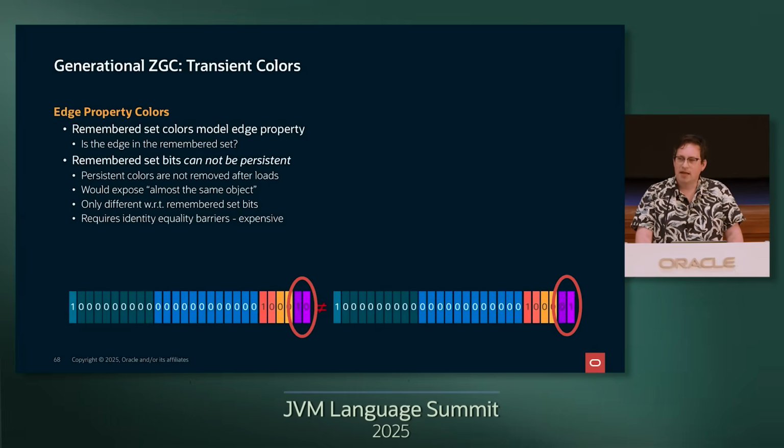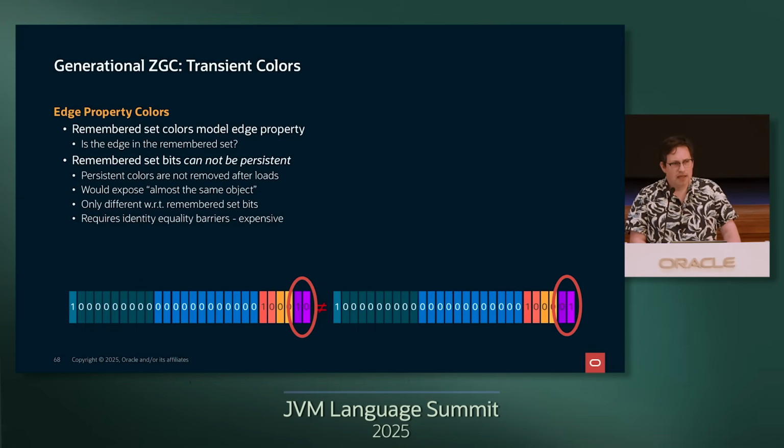One interesting thing here, at least I think is interesting, is that with generational ZGC, not only are we tracking properties of the objects, such as whether it's been marked or whether the object has moved, things like that, we're also tracking properties of the edges themselves. And the remember set is really a property of the reference fields, not of the object. It says whether the field has been added to the remember set or not.